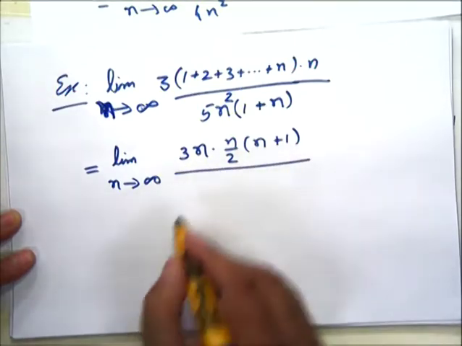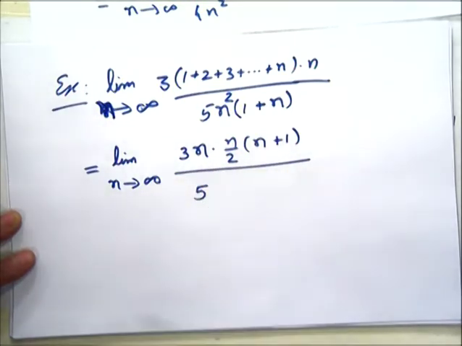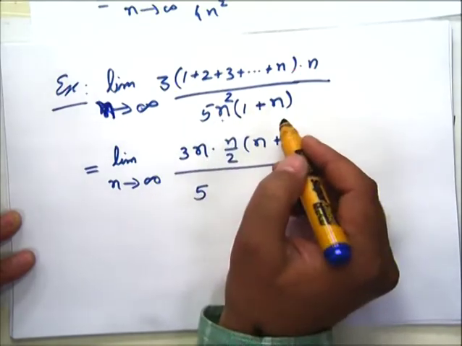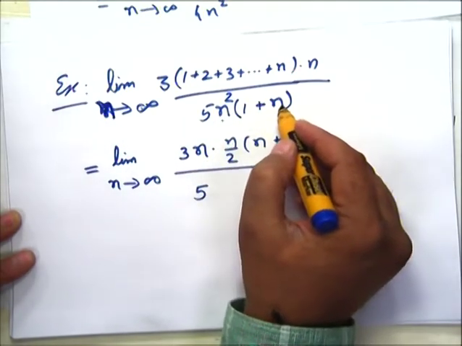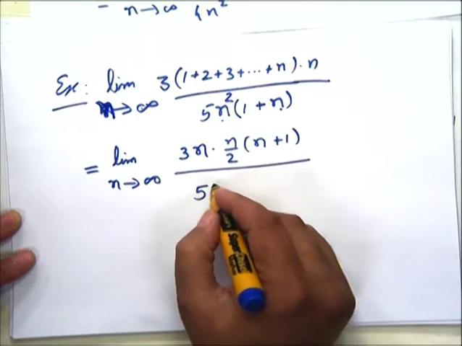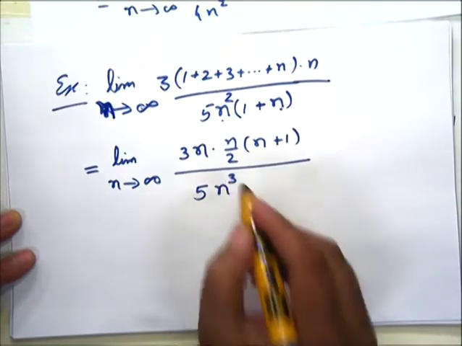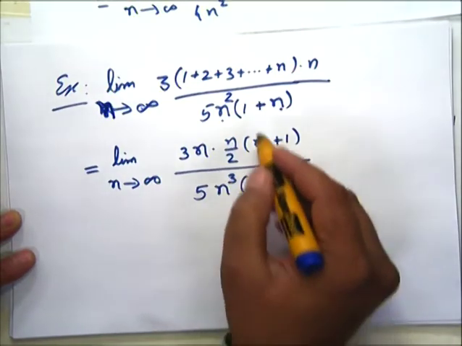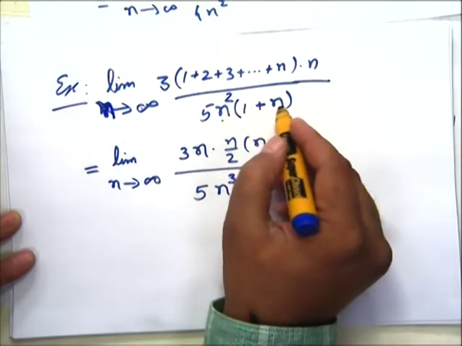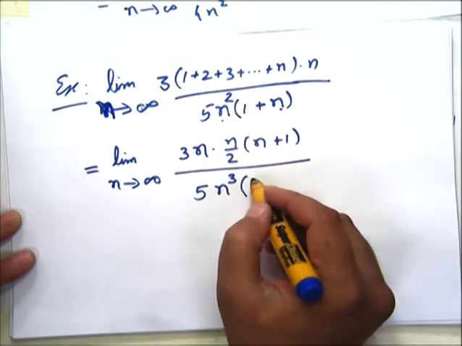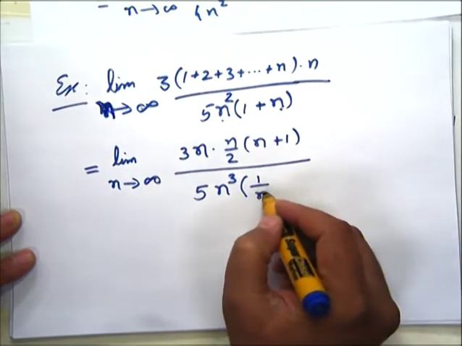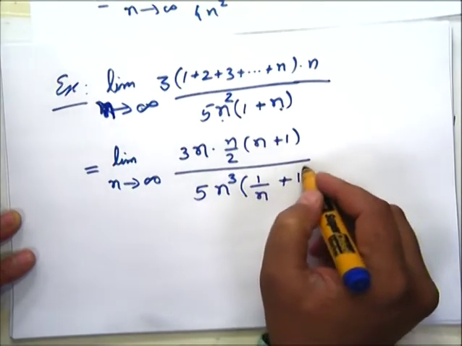Upon 5, here it is n square. Another n is here, I am taking it out. So we will have n cube. So we have taken n out of this bracket as common. So we will have 1 upon n plus 1.